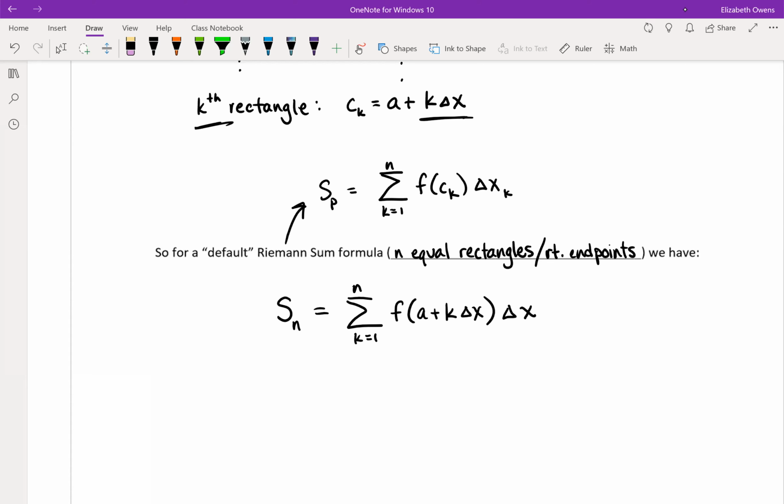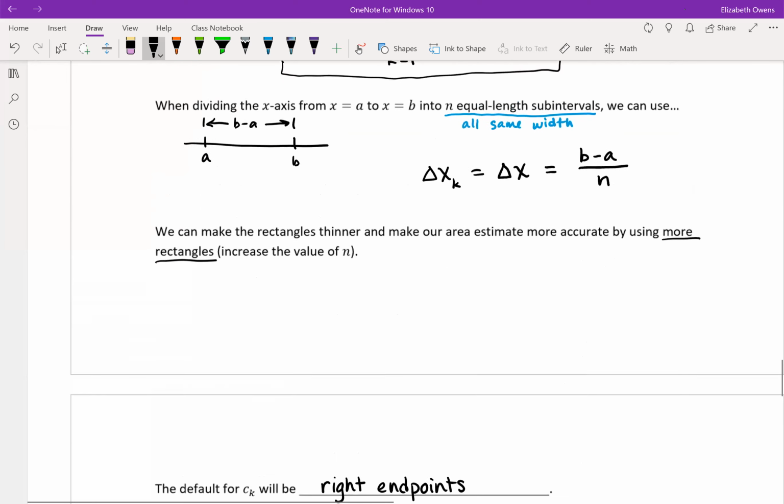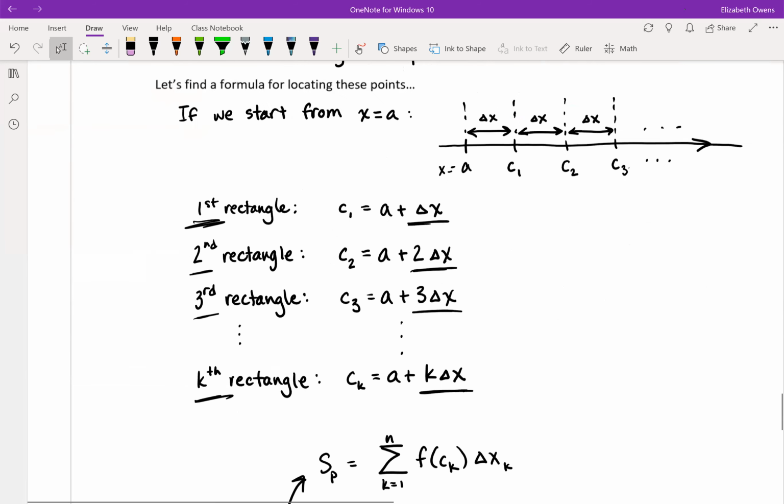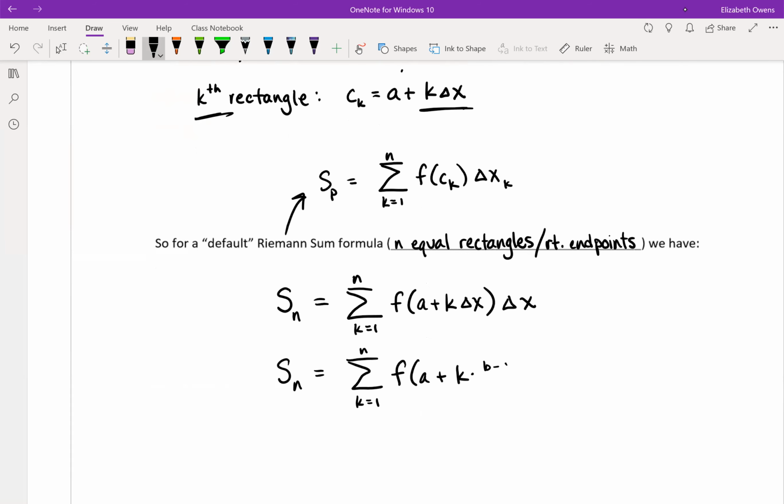And then you could also put in that delta x formula that we had. S sub n equals summation k equals 1 to n f of a plus k times delta x. And our delta x formula was right up here, b minus a over n. So k times b minus a over n, and then all of that times another delta x, b minus a over n. Okay, so you can memorize it in this form if you would like.